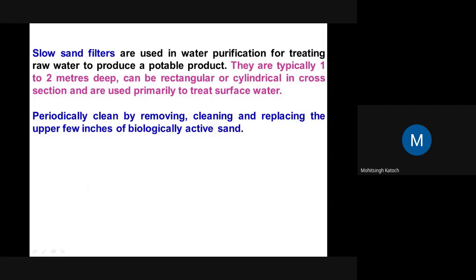So we can see a very high difference in the rate of filtration of slow sand filters and rapid sand filters. But there is one more difference. The rate of cleaning is also different for both these filters. Slow sand filters are generally required to be cleaned in 1 to 2 months duration, whereas rapid sand filters require cleaning every 2 to 3 days.